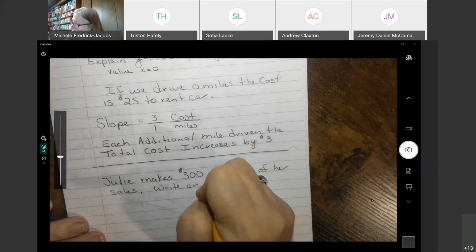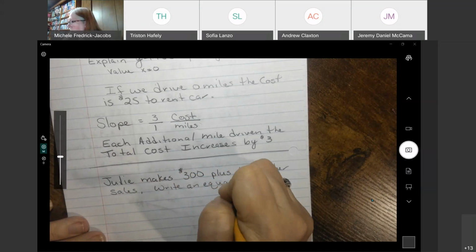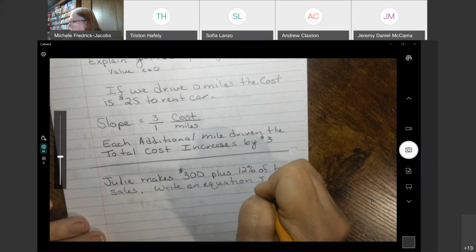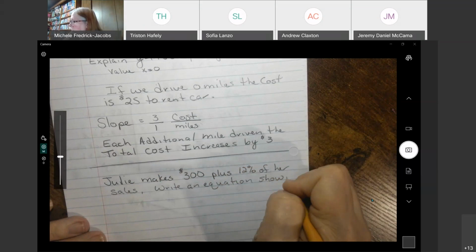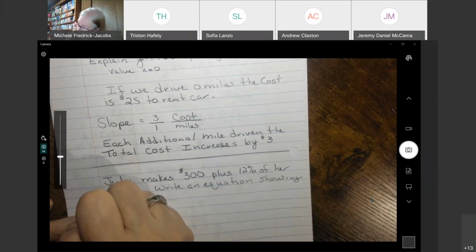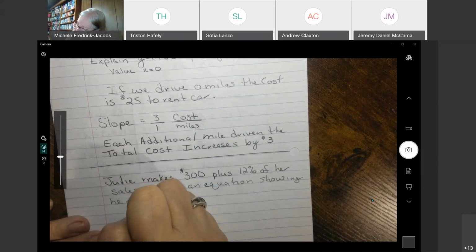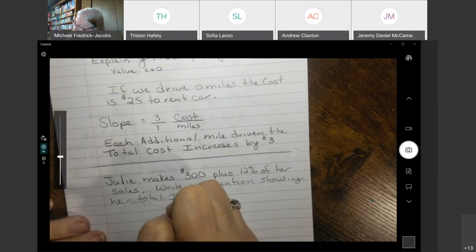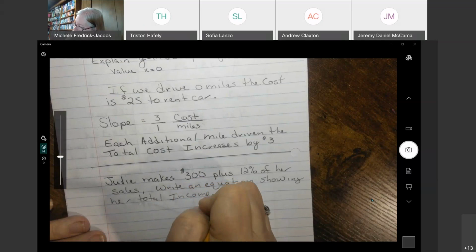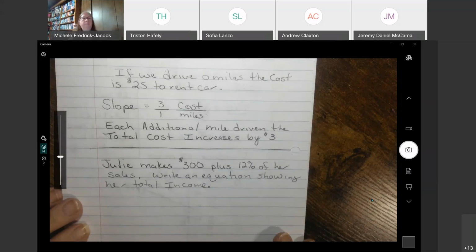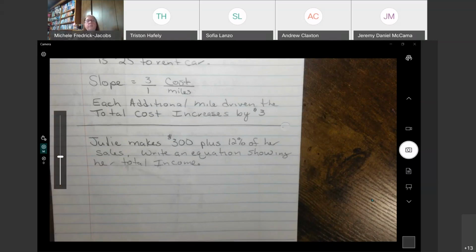Write an equation showing her total income. So if Julie makes $300 plus 12% of her sales, write an equation showing her total income.